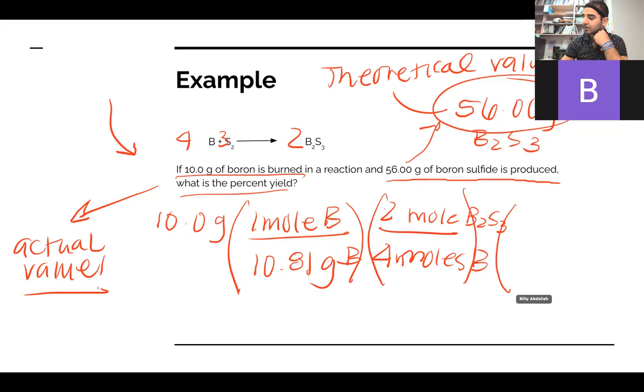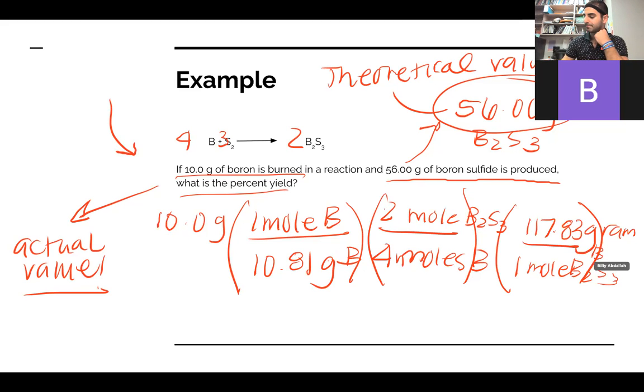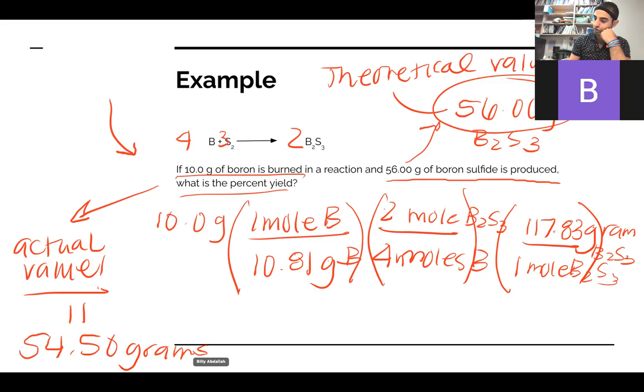And then from here, we can say, well, 1 mole of B2S3 is equal to 117.83 grams of B2S3. Okay. So we're going to get an actual value of 54.50 grams. So obviously our experiment did not go well because we got 56 and we were supposed to get 54 grams by the laws of stoichiometry.